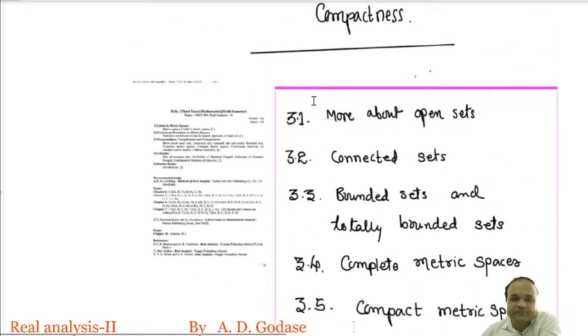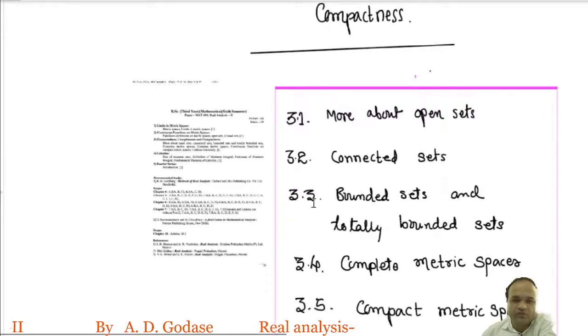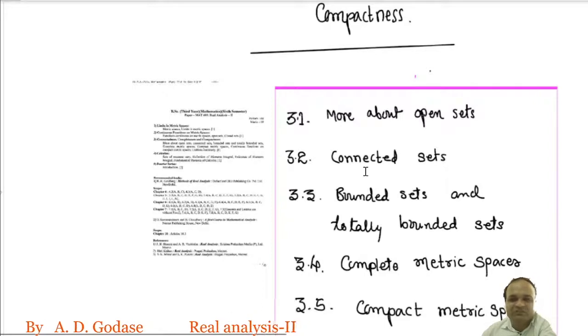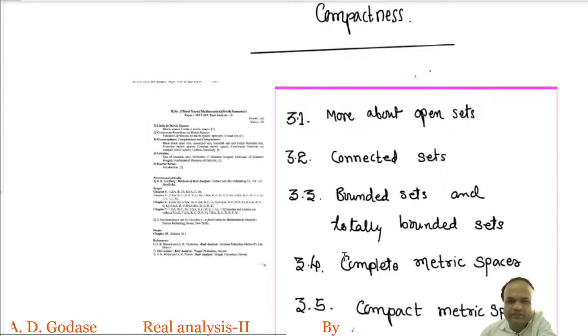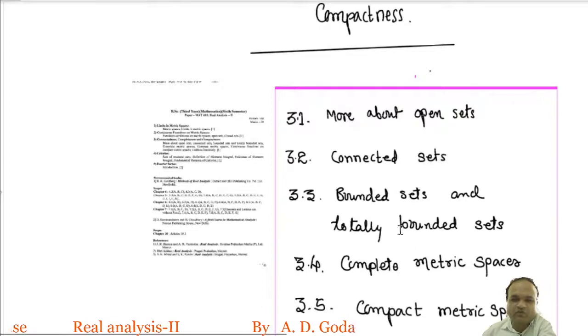The first point, 3.1, is more about open sets, where we will see some more properties of open sets. In 3.2, we will see the definition of connected sets and some theorems on connected sets in matrix spaces. In 3.3, we will see the definition of bounded sets, then totally bounded sets, and some properties of bounded sets and totally bounded sets.